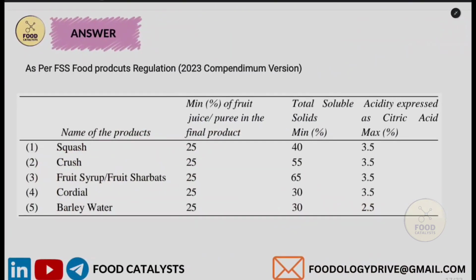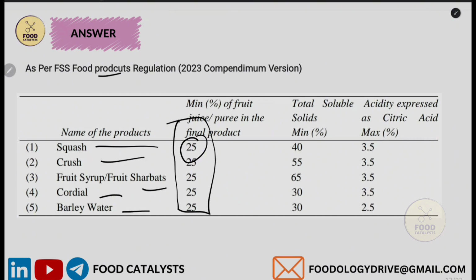Okay, next. As per the FSSAI Food Products Regulation 2023, squash has a minimum fruit percentage of 25. All the squash, crush, cordial, even barley water, this is the amount of fruit juice which is present in the product, which is 25. But the question which is asked is TSS, total soluble solids.